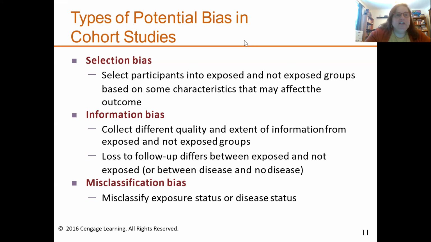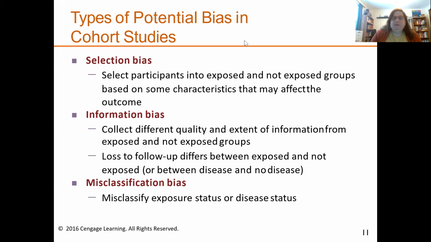Information bias. You collect different quality and extent of information from the exposed and not exposed groups. Okay. This can happen when you have a loss to follow-up that differs between the exposed and not exposed groups, or between the disease and no disease.